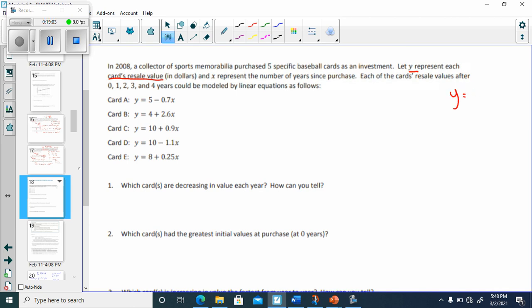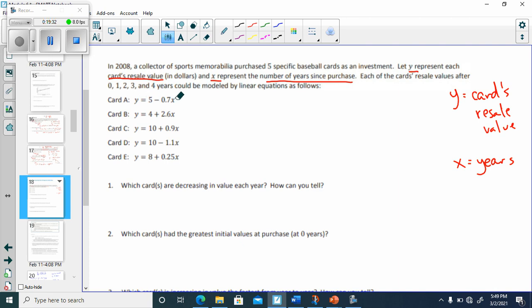Y, cards' resale value. What is our X? X represents number of years since purchased. X is our years, okay? Each of the cards' resale values after 0, 1, 2, 3, and 4 years can be modeled by the linear equations as shown.